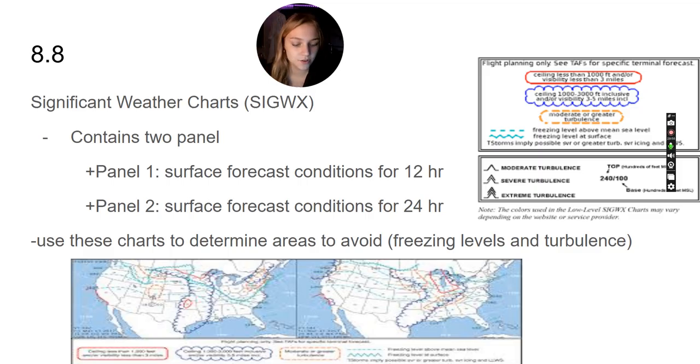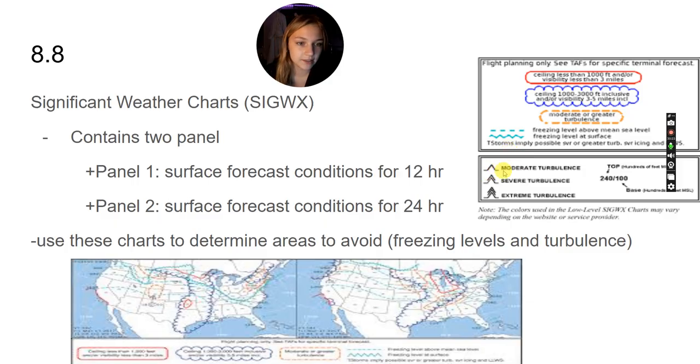So how you use this chart is these lines will indicate to you what everything means. If there's a red line, like right here, the ceiling is less than 1,000 feet and/or visibility is less than 3 miles. So a red line would mean IFR, it's not VFR conditions anymore, it's not safe.